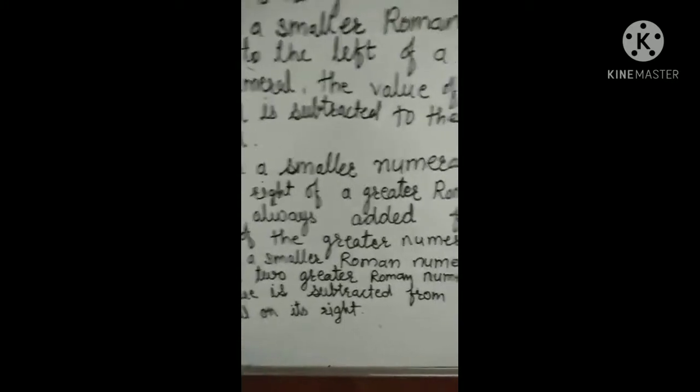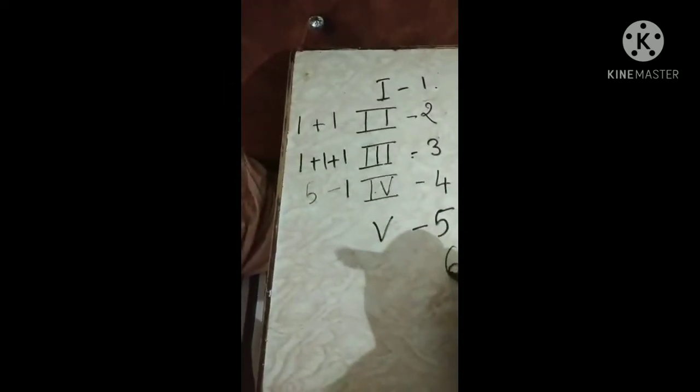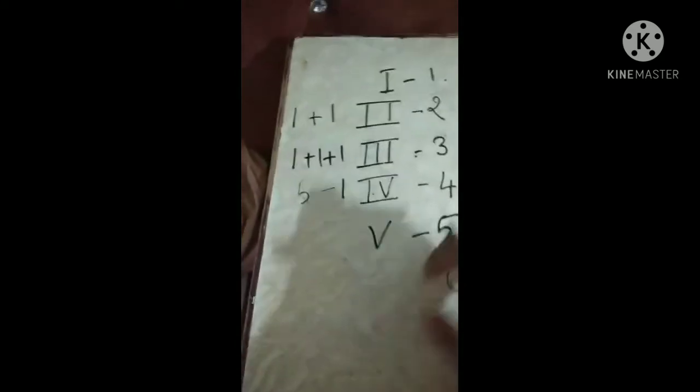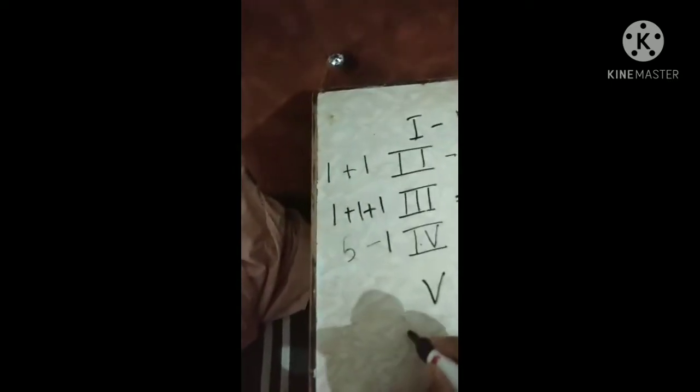A smaller numeral is written right of a greater Roman numeral. Here I could write up to V. Now I want to write 6. So I will take a combination of 5 and 1. But for the addition, I have to write this I right of V.